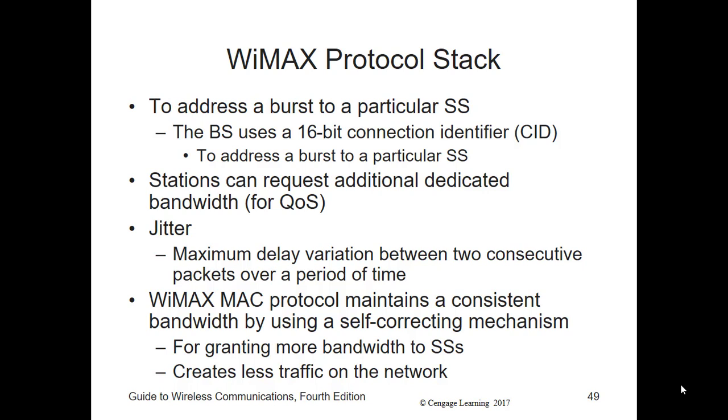The requests from the SSs are cumulative, but they will also periodically inform the BS of their total bandwidth needs. This method is much more efficient than those used by other networking standards, which makes WiMAX a more elegantly designed technology for use in our wireless MANs.